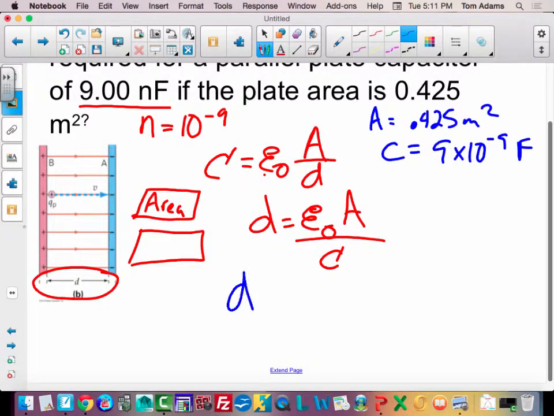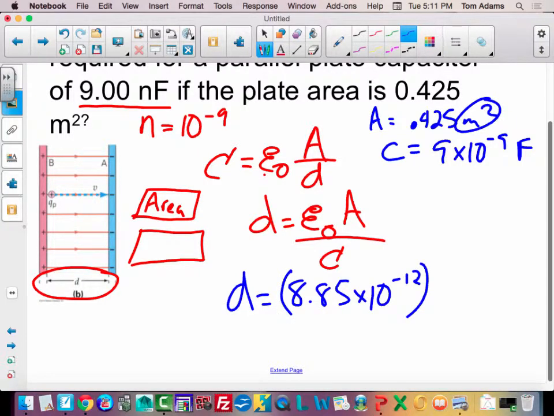So to finish this problem, we just got to plug it in. So we say that the distance should be equal to 8.85 times 10 to the negative 12. As long as I make sure that I have my units right, at this point we should be able to just write the magnitudes down and things should cancel.